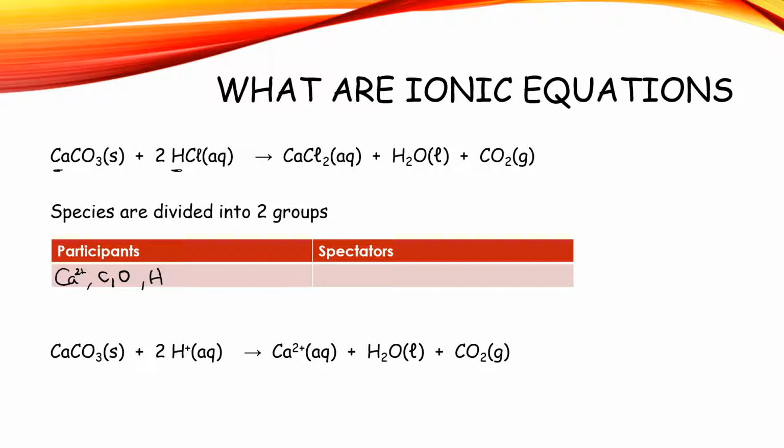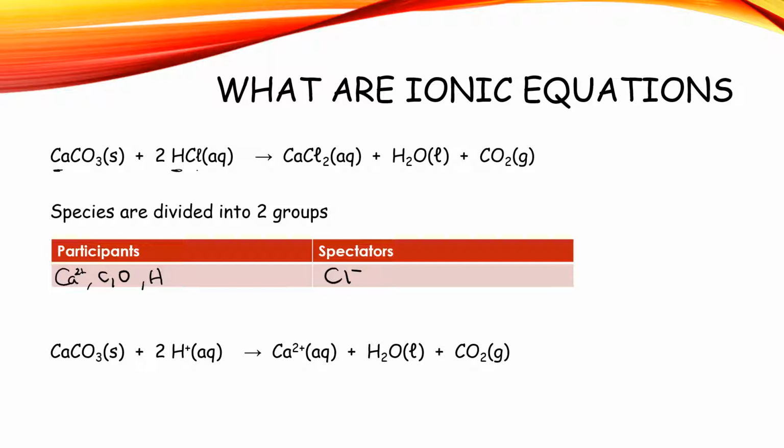But if you look at the chloride ions, here they're just sitting in solution and here they're just sitting in solution. So they're floating around doing nothing. They are spectators, the same as you're a spectator if you're watching a netball match, but you're a participant if you're on the ground playing the game. So the chloride ions are spectators.